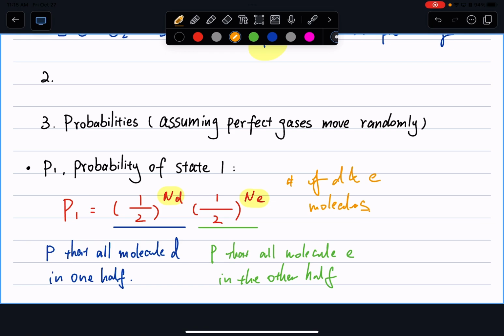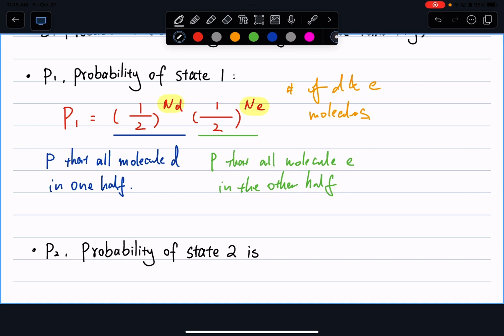Let's assume N_D equals N_E, so you have the same number, but we can definitely assume some other way, like 1:2 or 2:1. With that in hand, assuming N_D equals N_E, we can further simplify P1 to (1/2) to the power of 2N_D.